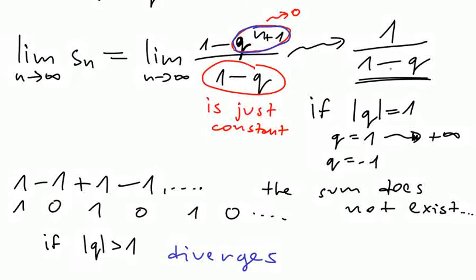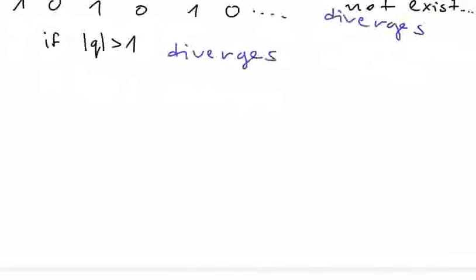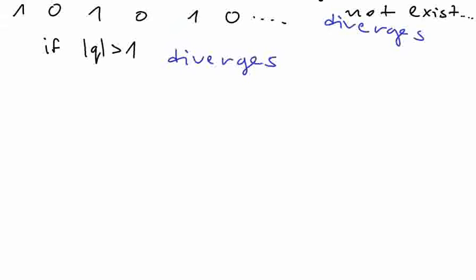So we know that for absolute value of q smaller than 1 it converges, and otherwise it diverges. Okay, so we can state it as our first result.